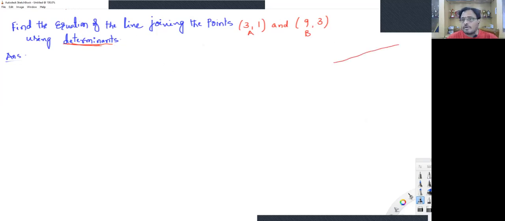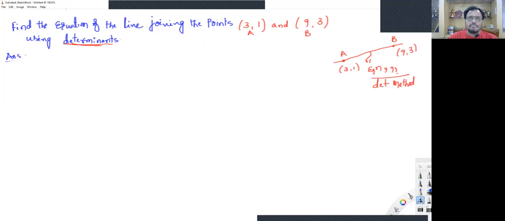A is 3 comma 1 and B is 9 comma 3. Now we have to find the equation of this line using only the determinant method, not the 2-point form from geometry, though you can check your answer with that method also.